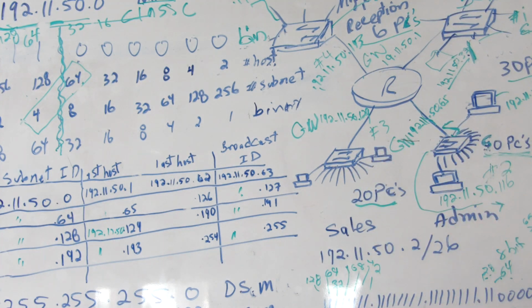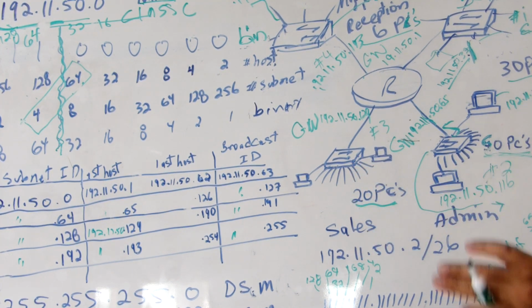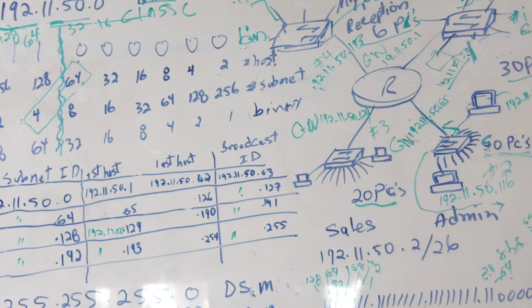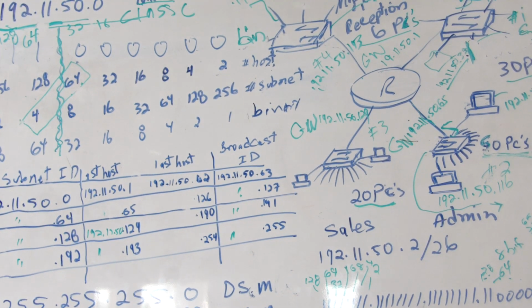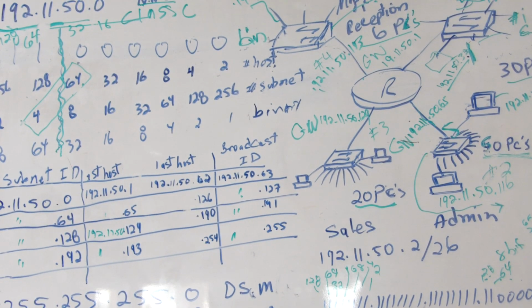Point 200 means 192.11.0.50, 200. So we assign all these computers an IP address with CIDR notation. These are the things I hope I could explain.